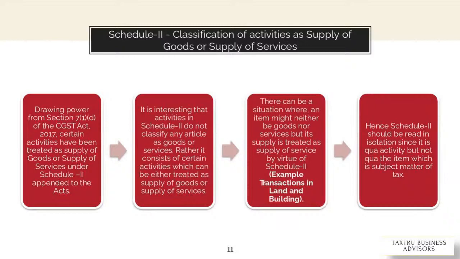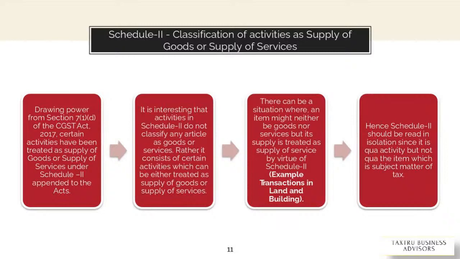Now, it is very interesting to see that Schedule 2 does not classify any article as goods or services. Rather, it consists of certain activities which can be treated as supply of goods or supply of services. This is very important. When we are talking about Schedule 2, it will not say that this particular item is a good or service.